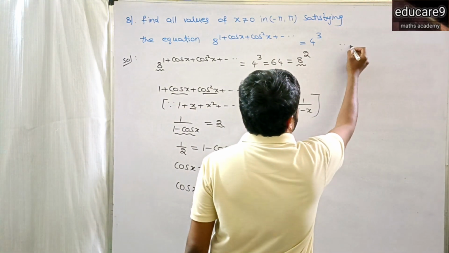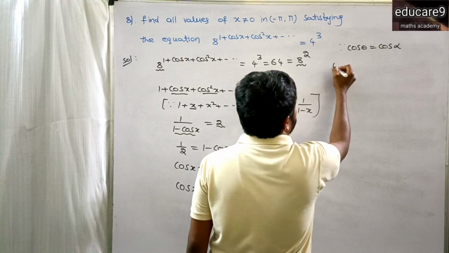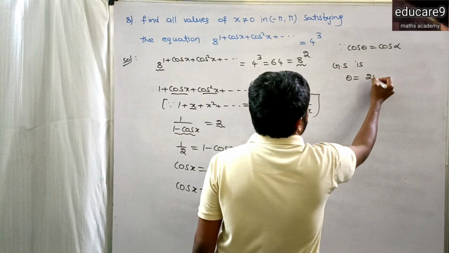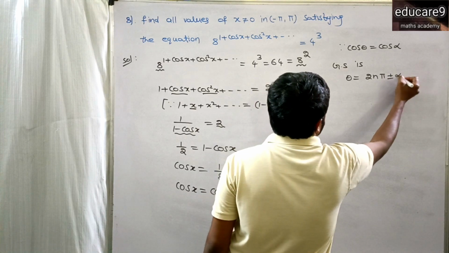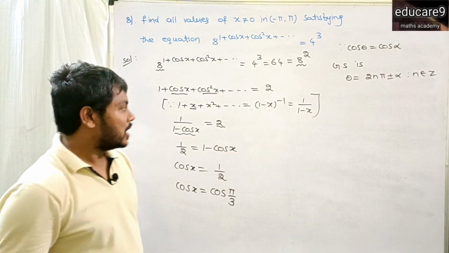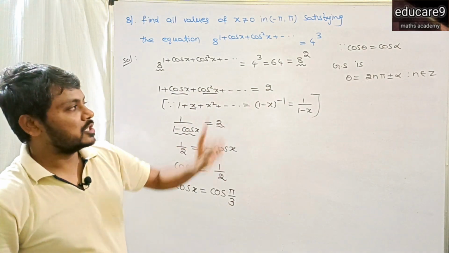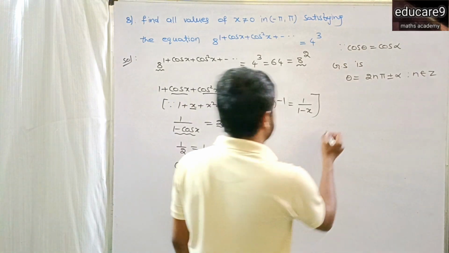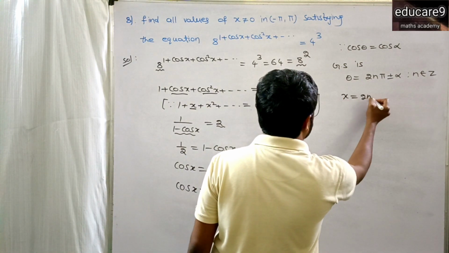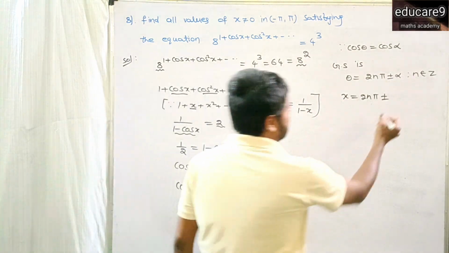Since cos theta is equal to cos alpha, the general solution is theta equals 2n pi plus or minus alpha for all n belongs to Z. Clearly theta is equal to x and alpha is equal to pi by 3. Substituting x and pi by 3, x is equal to 2n pi plus or minus pi by 3.